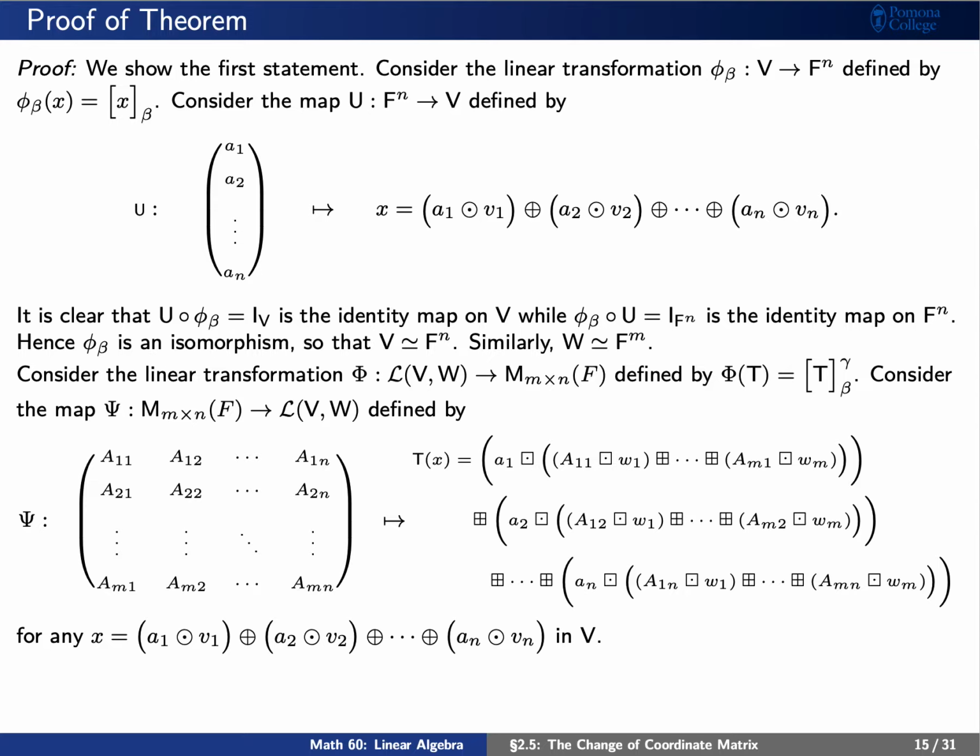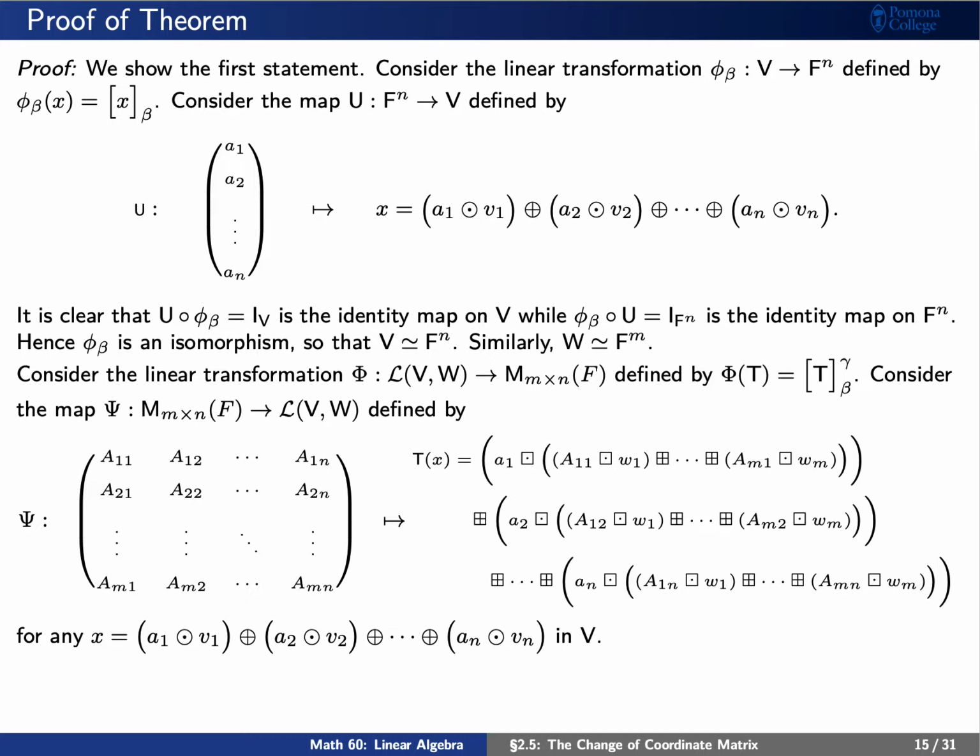Now let's try to do the same thing, but looking at our m by n matrices. Let's start with the linear transformation from L(V,W) to the collection of m by n matrices by sending a linear transformation T to its matrix representation [T]. We can write down the inverse of such a map in a very similar way that we did this for our standard representation.